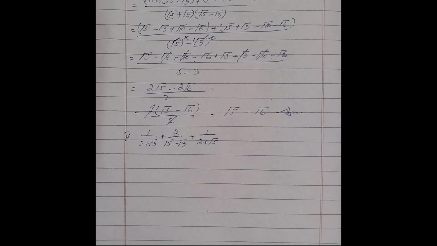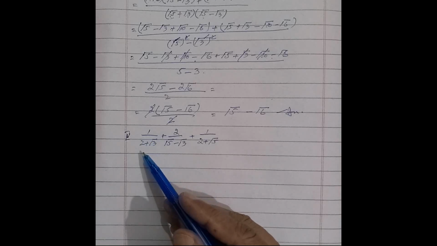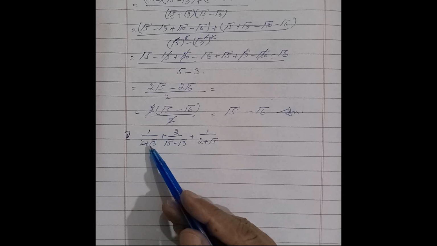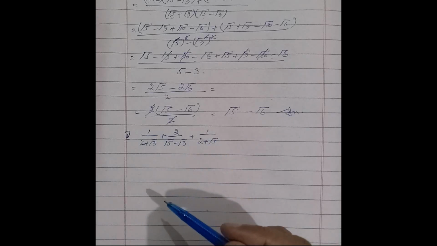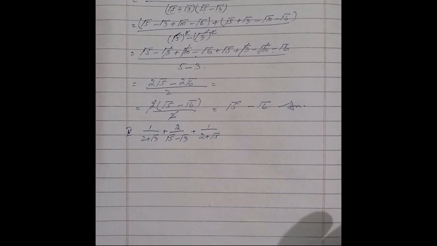In this question we solve every term individually by multiplying the conjugate of the values with the denominator and the numerator and then solve it. And let's start.